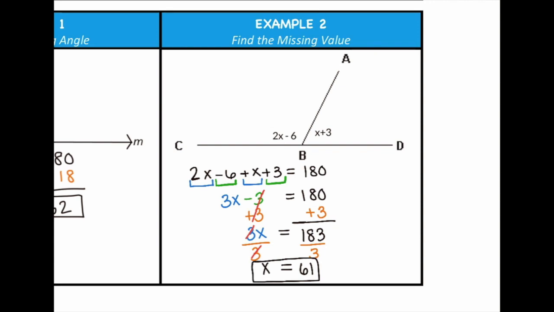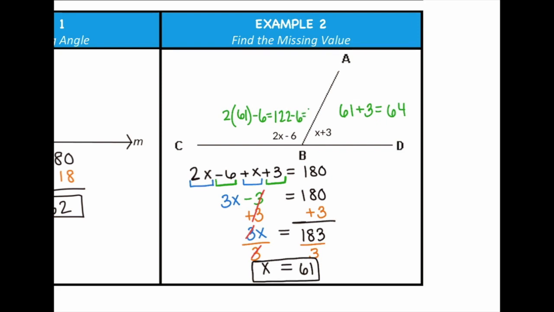And now I can also check that my missing value is correct by plugging it into the angles. So if I substitute 61 for x in angle ABD, 61 plus 3 is 64. And if I substitute it into angle CBA, 2 times 61 minus 6, 2 times 61 is 122, minus 6.